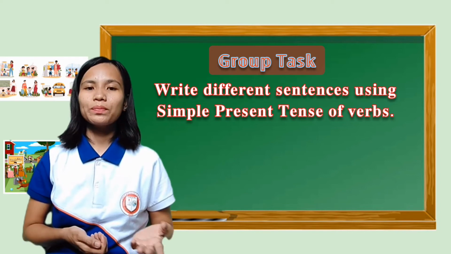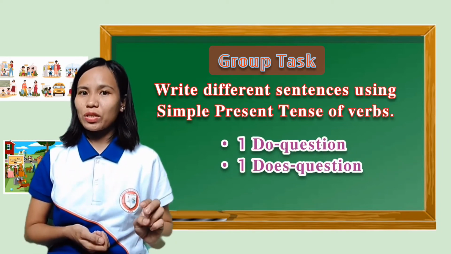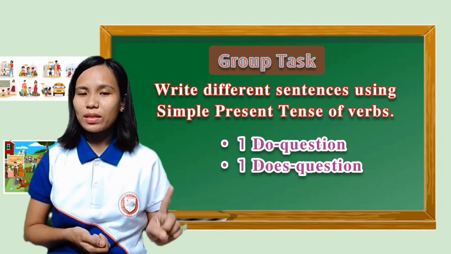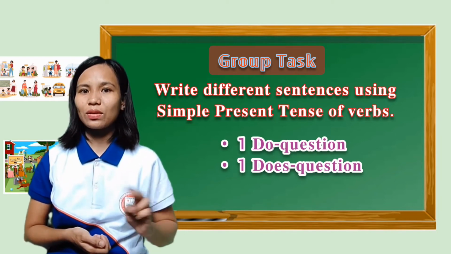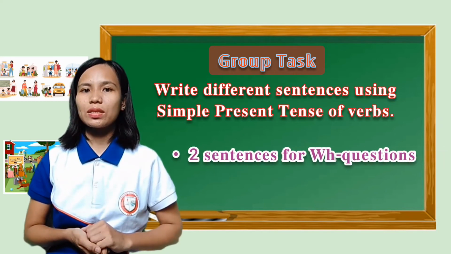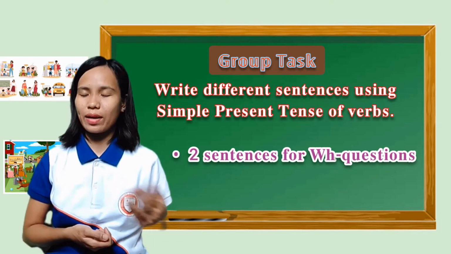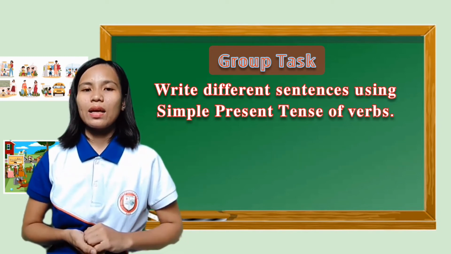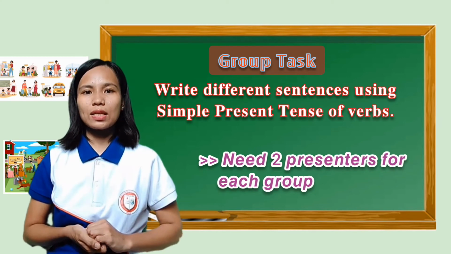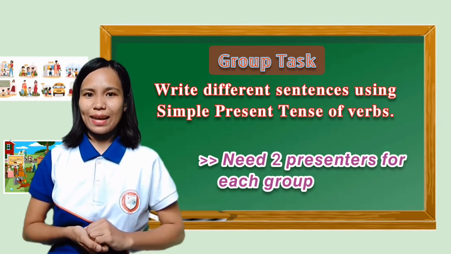And also, you're going to write do and does questions, 1 do and 1 does question, and WH questions, you need 2 of those: what, why, where, and others. Okay? And you need 2 presenters each group to present your sentences in the class.